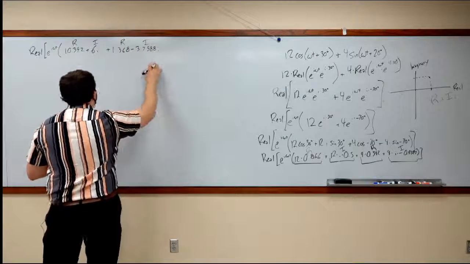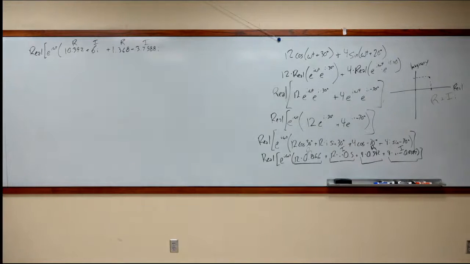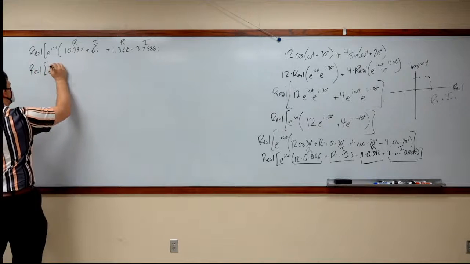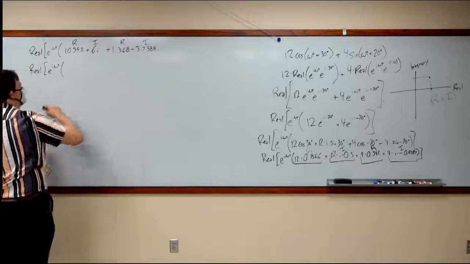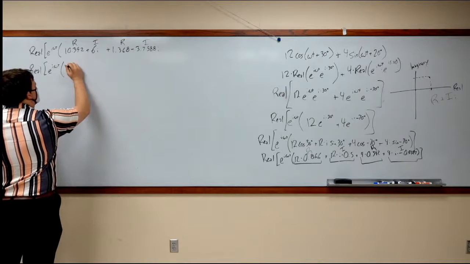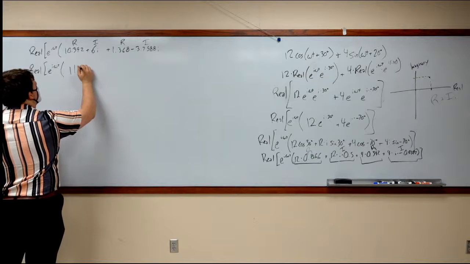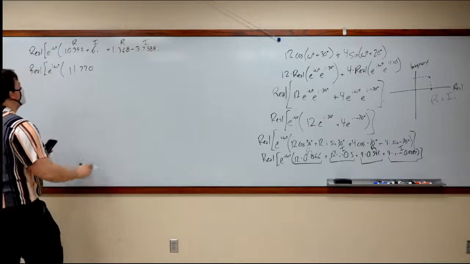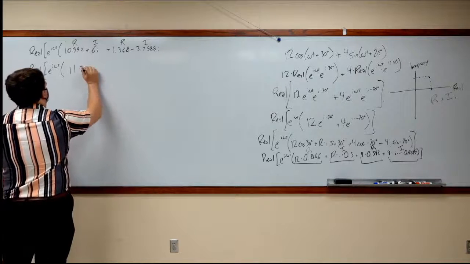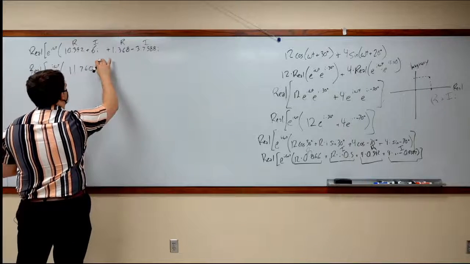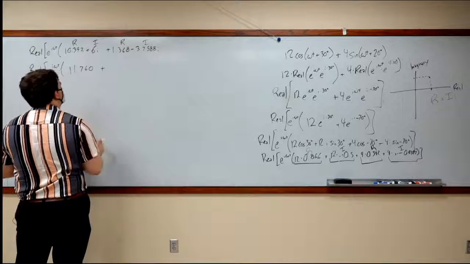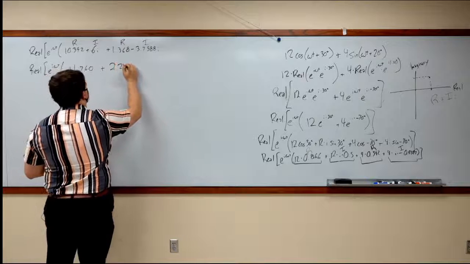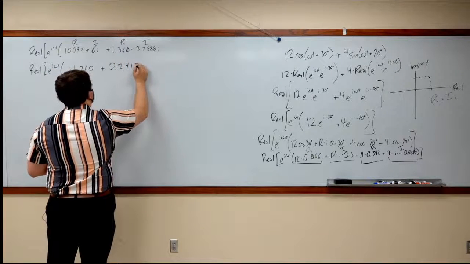We'll combine our reals, we'll combine our imaginaries. So this becomes, we want the real aspect of e to the I omega t times 11.76 plus 2.2412i.